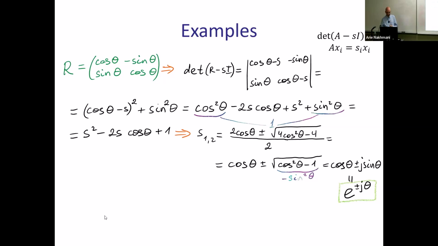But another example. This is actually a very interesting example from computer vision. People are using that particular matrix a lot in computer vision. This is called a rotation matrix. Why? Because if you take any vector, any point in space, any pixel in the image, and you multiply the coordinates of that pixel by that matrix, it literally rotates the pixel around the origin by angle theta.